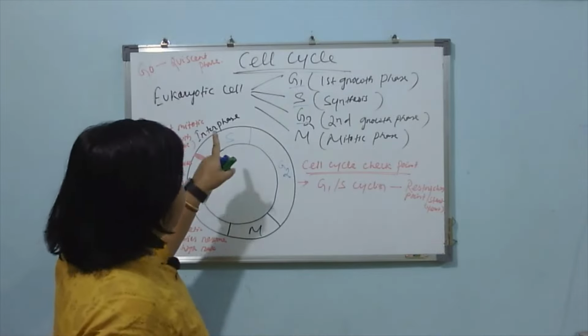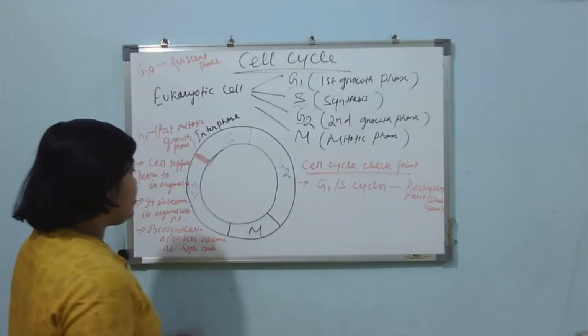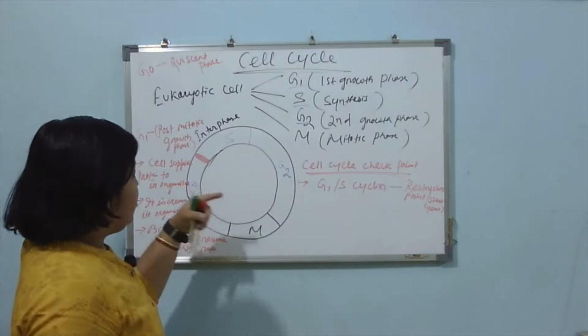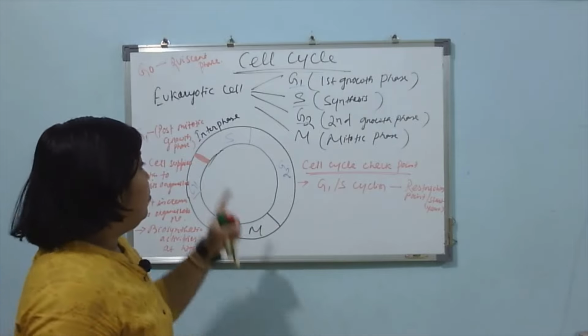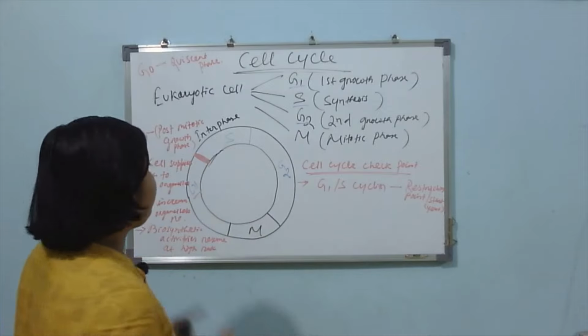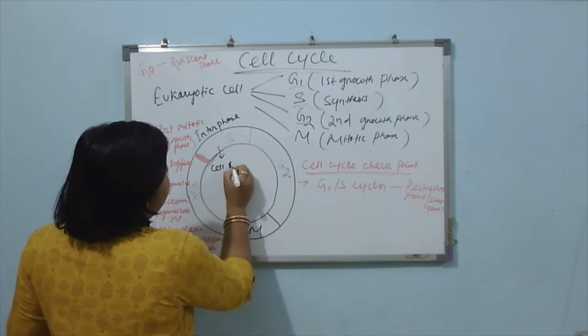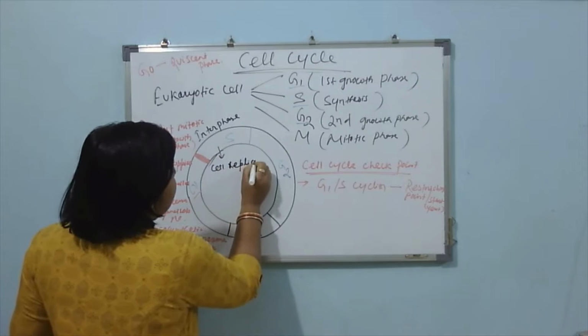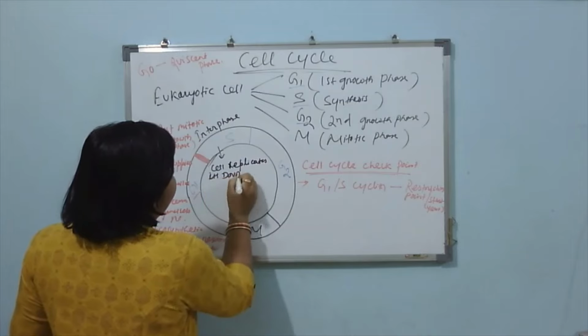The second phase is the S phase, which is also known as the synthesis phase. It starts when the G1 phase completes and it ends when the complete replication process has occurred. During this phase, the cell replicates its DNA content.